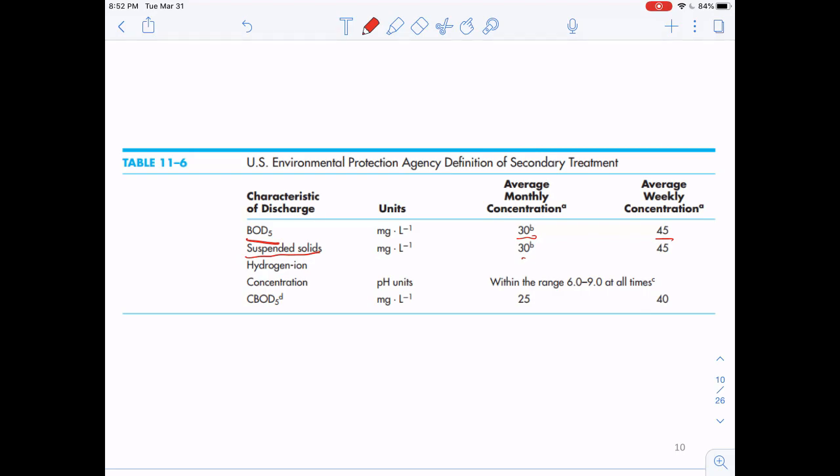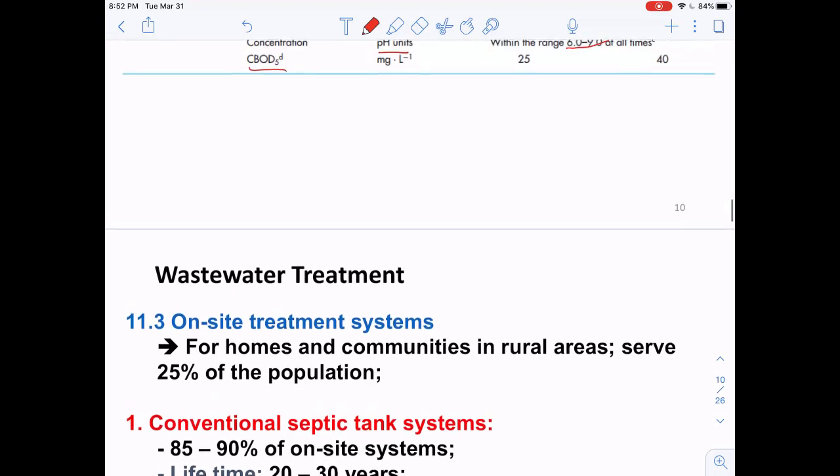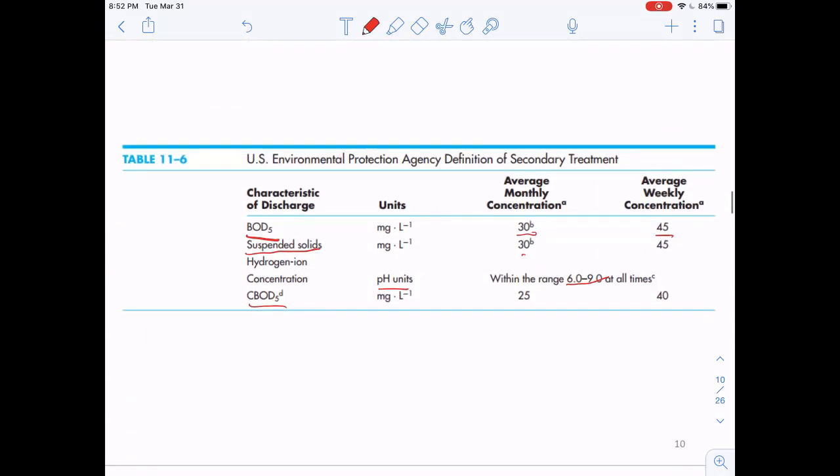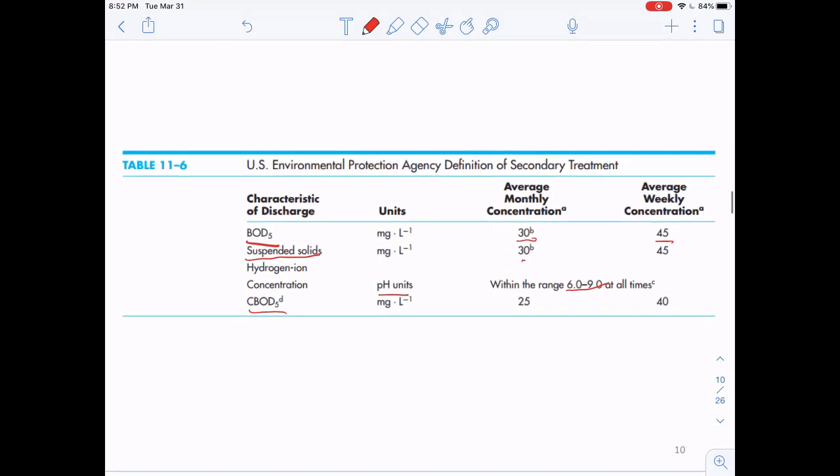And the pH has to be in the range between 6 and 9. And the CBOD, or CBOD5, has to be in the range between 25 and 40. Okay? So these are the requirements or standards that people put on wastewater treatment processes.